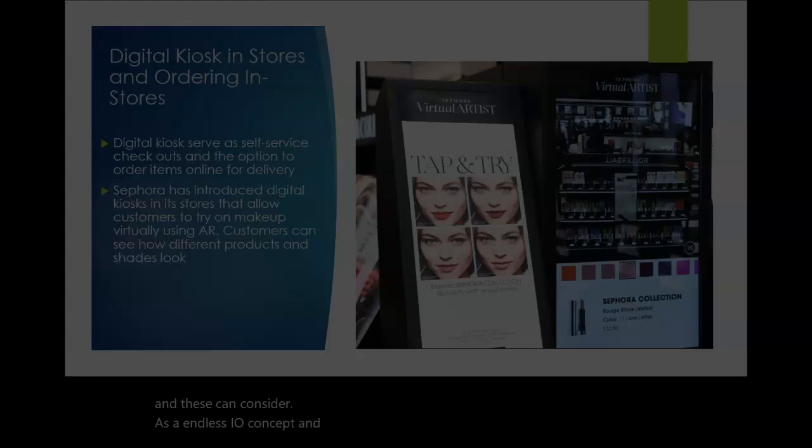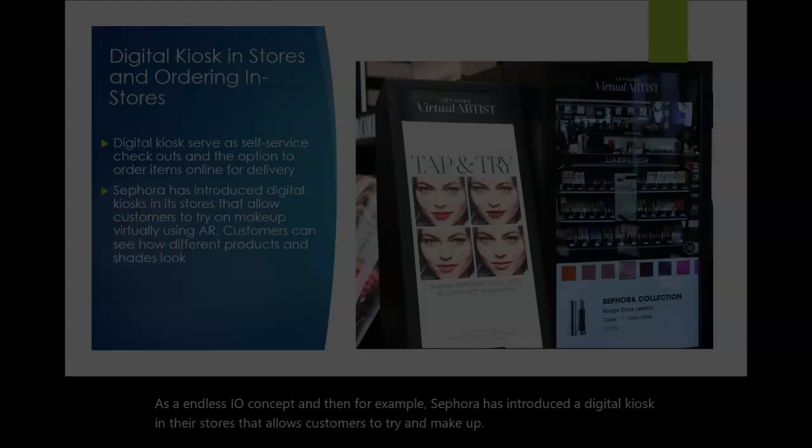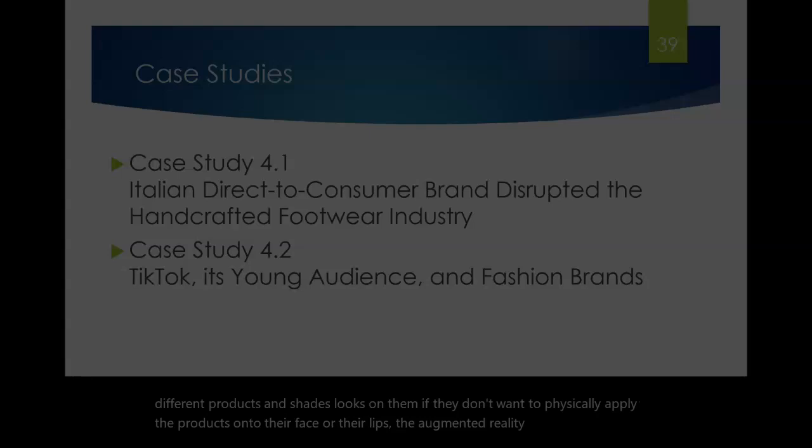For example, Sephora has introduced a digital kiosk in their stores that allows customers to try on makeup virtually using AR tools. Customers can see how different products and shades look on them if they don't want to physically apply the products onto their face or their lips. The augmented reality will do the trick.